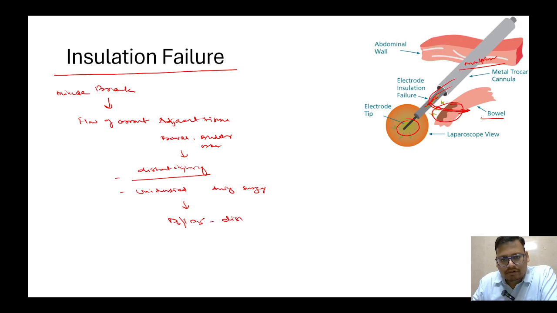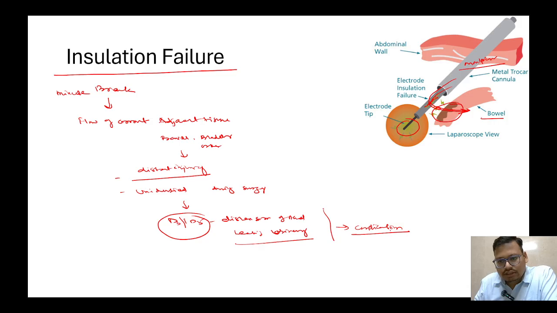If there is a perforation of the bowel, there is distension of the abdomen, or leakage of urine at day 3, day 5, or day 14, or ureteric injury. So distension of abdomen, leakage of urine, and there are complications. The operation is successful at the time of surgery, but there is some unidentified injury from this insulation failure. So you have to be careful about it.